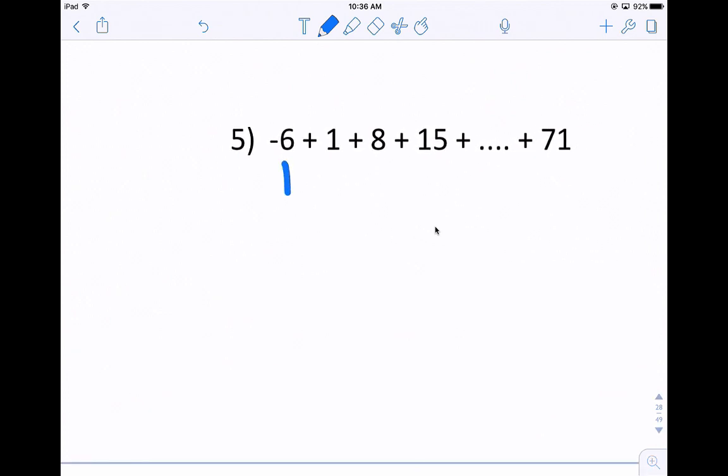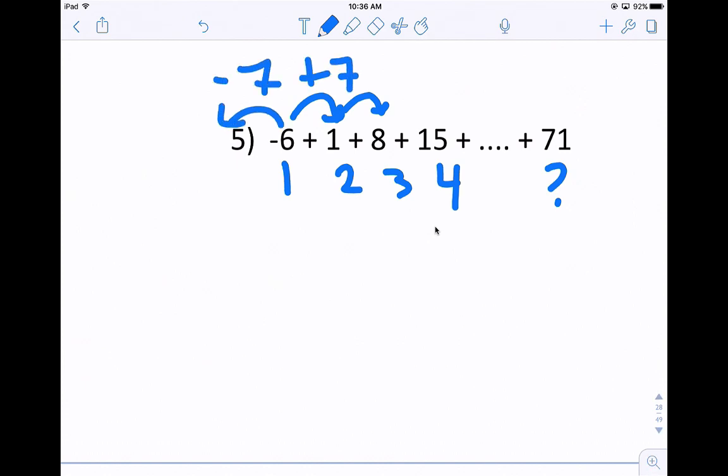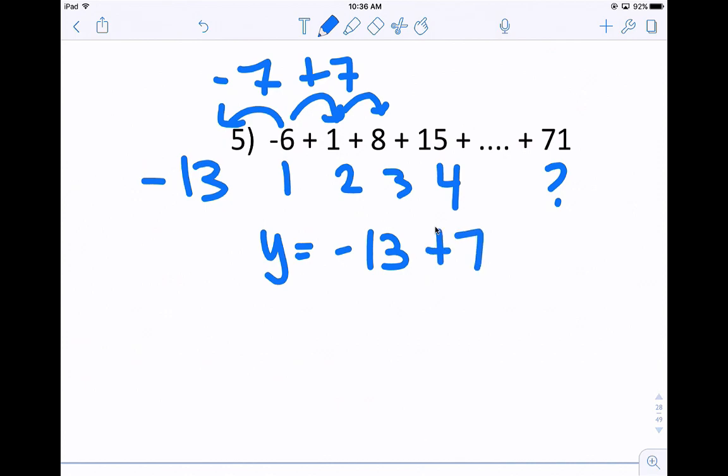Okay, let's do this one. So again, here's our first term, second, third, fourth. Oh, but we don't know what term this is. So let's figure out the explicit form. Y equals mx plus b. Our slope here, you can see we're adding 7 each time. We have to go back 7. So -6 minus 7 is -13. So our equation is -13 plus 7x.